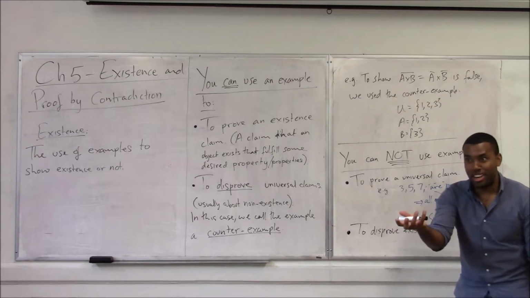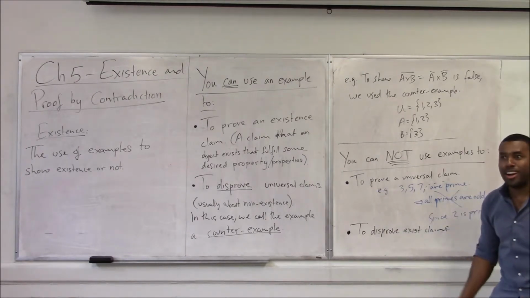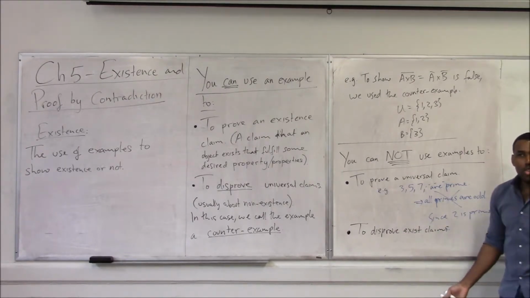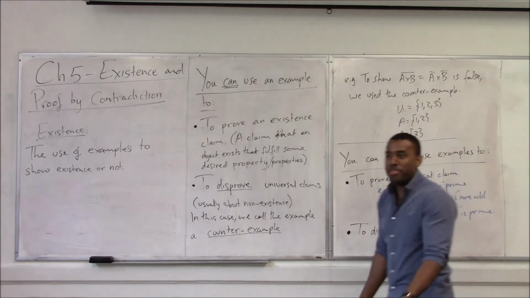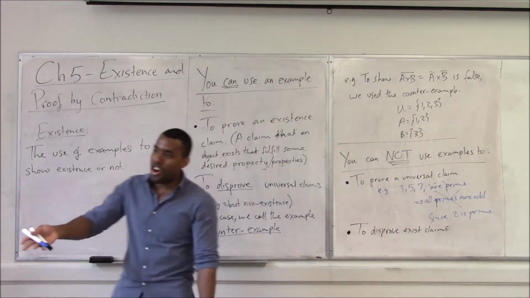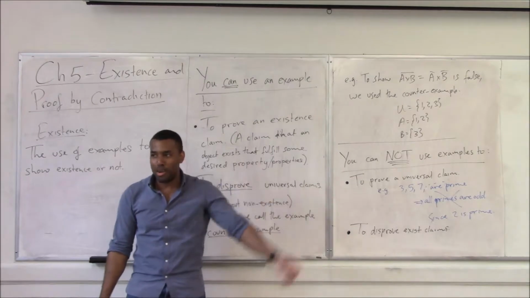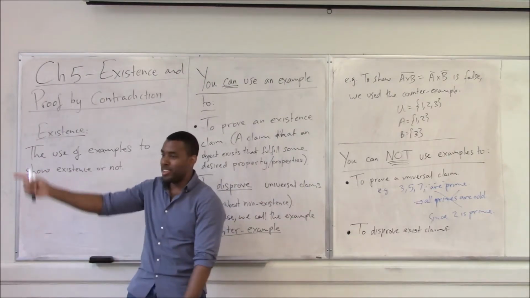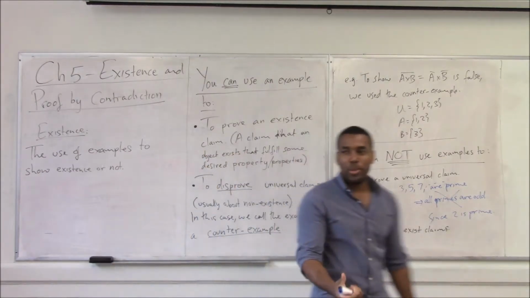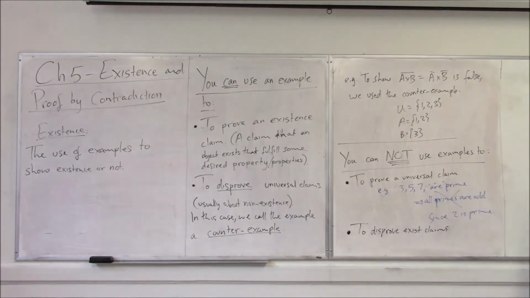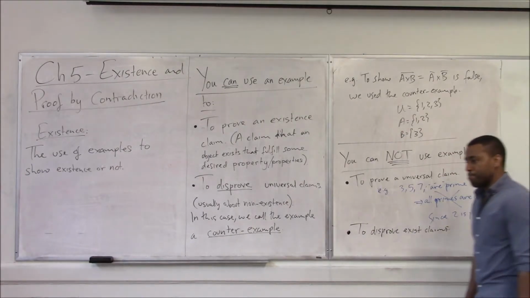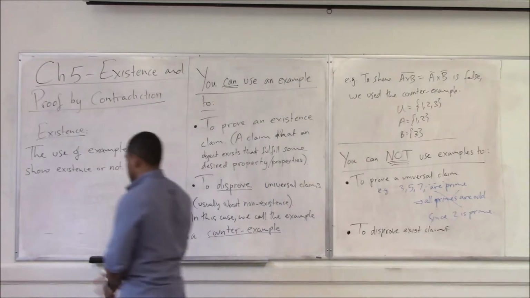Look at this, it's not a leprechaun. You didn't prove leprechauns don't exist, you just haven't found one yet. Someone will always be able to argue with you that, yeah, but you didn't look over there. You can't show me an example to prove that something does not exist. So that's very important.